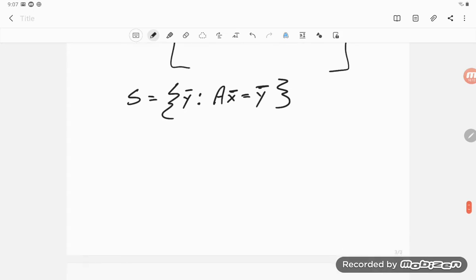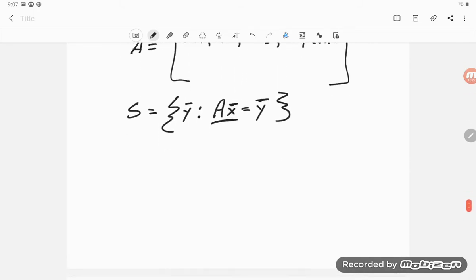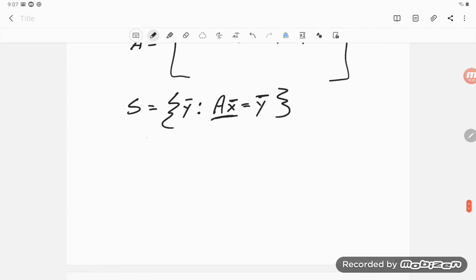And what they point out is that when I do that, that's my linear combinations of the columns, because you see AX is X1 times A dot 1 plus X2 times A dot 2, plus all the way to Xn times A dot n.